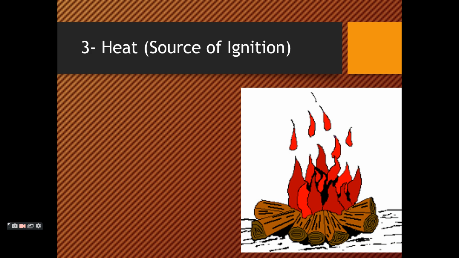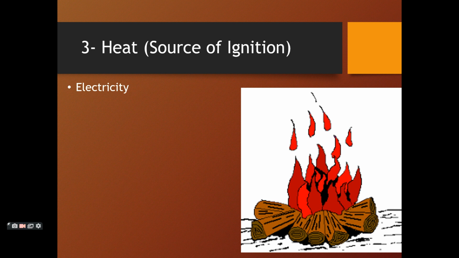The third thing is heat, the source of ignition. First you need fuel, second you need oxygen, third you need a source of heat, a source of ignition. In our work area and our home there is electricity, because nowadays without electricity you cannot work. Sometimes because of faulty electricity a whole building or house gets burned. So electricity is a source of ignition.